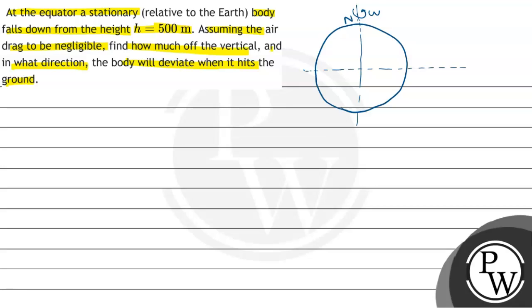Now it is given that at 500 meter distance away from the earth at the equator, let's say this is h, there is a body which is coming vertically with vz.